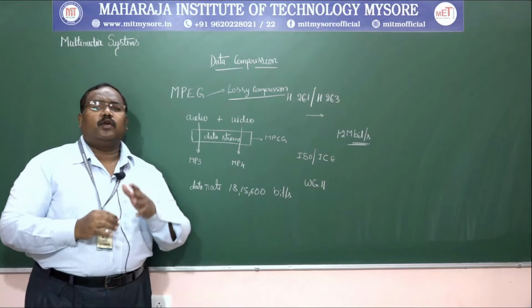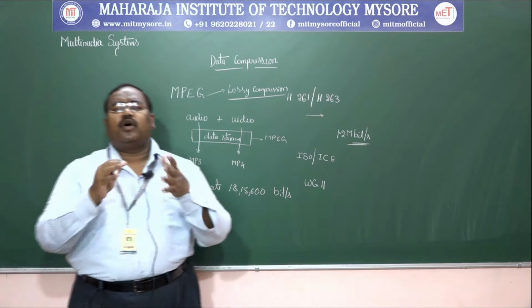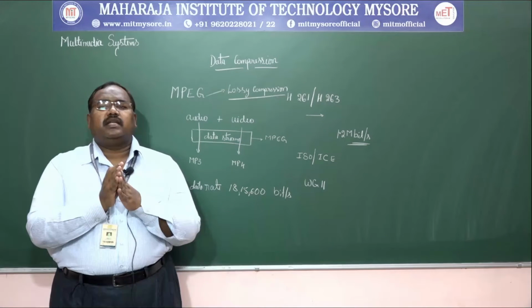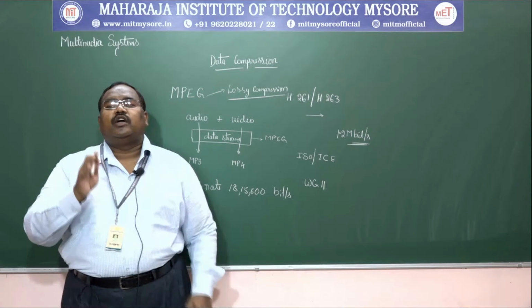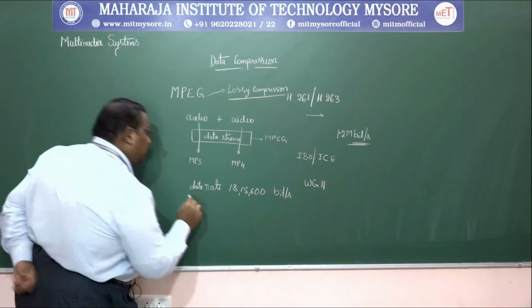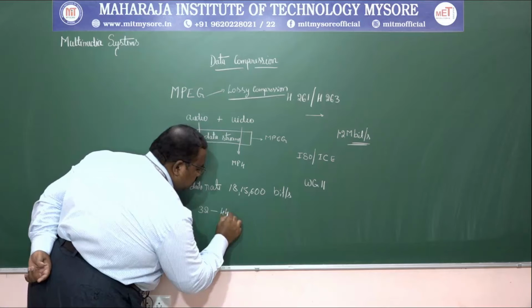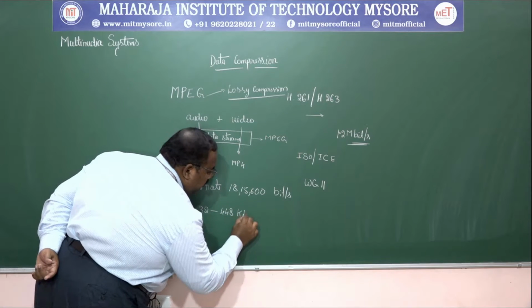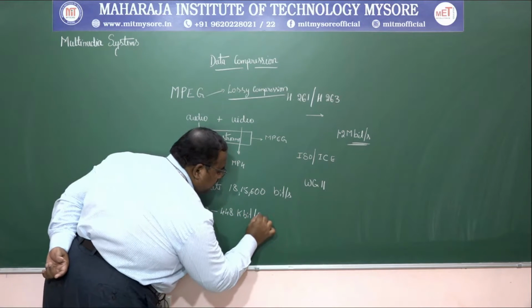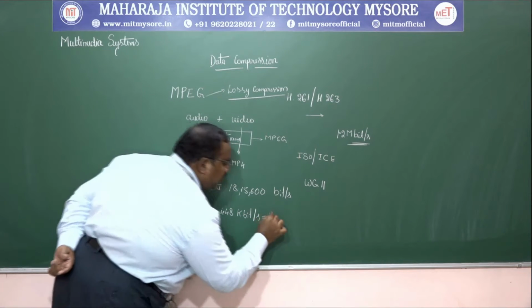One more thing, when we talk about the data rate, each audio channel can be chosen between 32 and 448 kilobits per second. This is important. So what is that? Audio data rate.